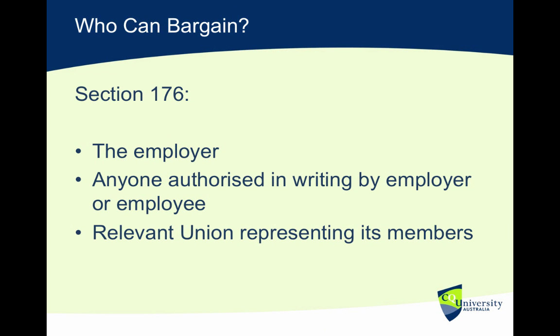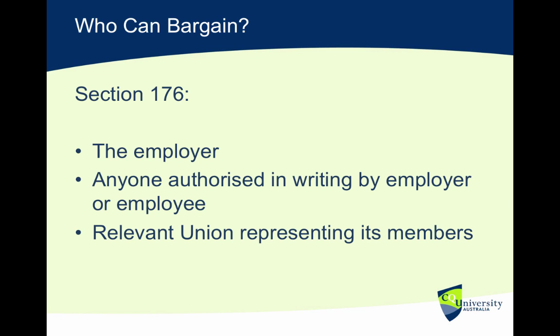Who can bargain? Who are the bargaining representatives? This has a mention at 8.14 in your text. Look at section 176 in the Act. The employer, naturally enough, is a bargaining agent for the purpose of pulling together an enterprise agreement. They are their own bargaining representative.